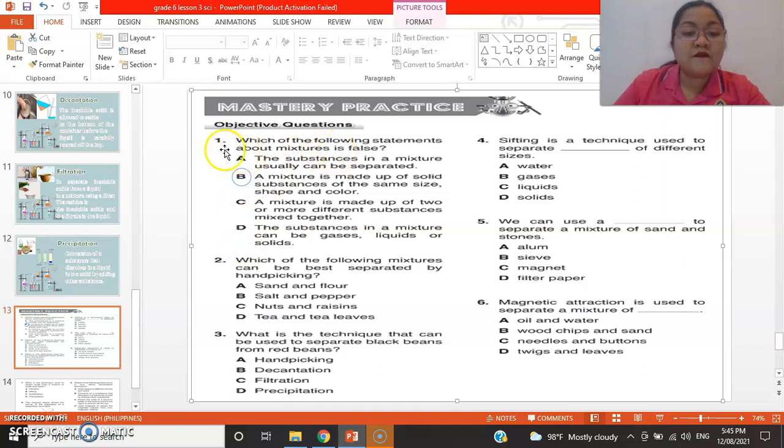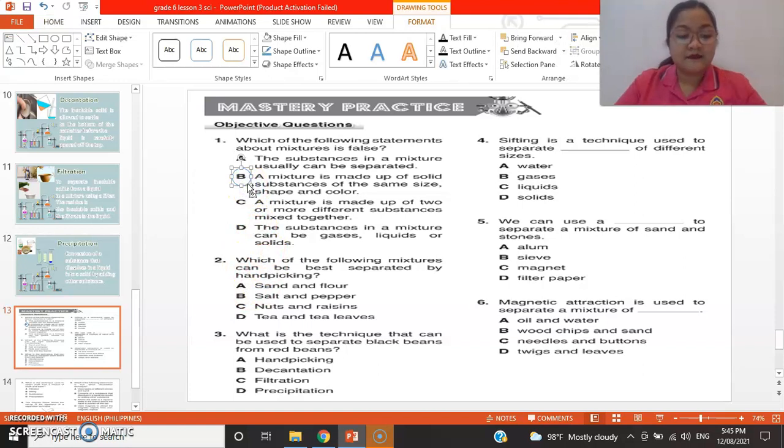Next, number 2. Which of the following mixtures can be best separated by hand picking? When we say hand picking, you can use your hands to separate substances that have different shape, colors, and size. Letter A, sand and flour.